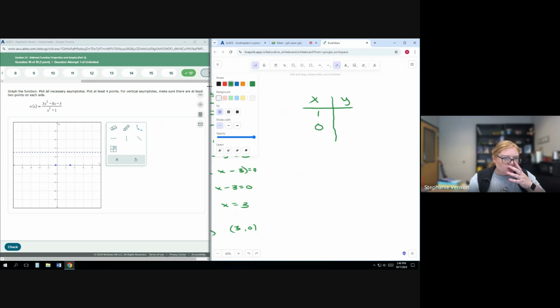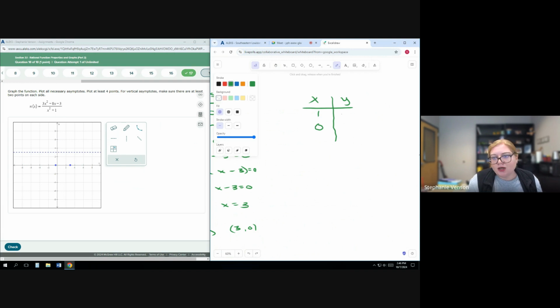Okay, so if I plug in 1, you can do this on your calculator while I'm doing it on mine. I have 3 times 1 squared minus 8 times 1 minus 3 over 1 squared plus 1. And that gives me -4.